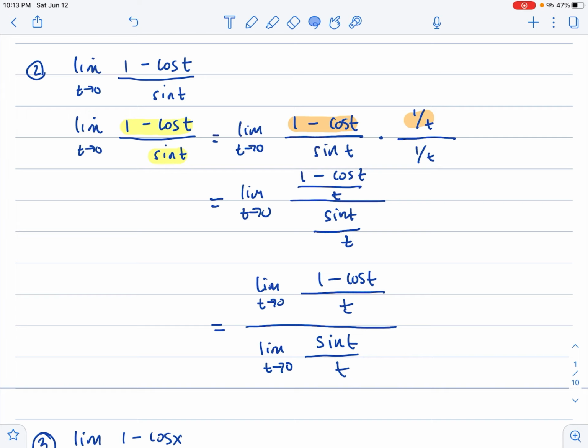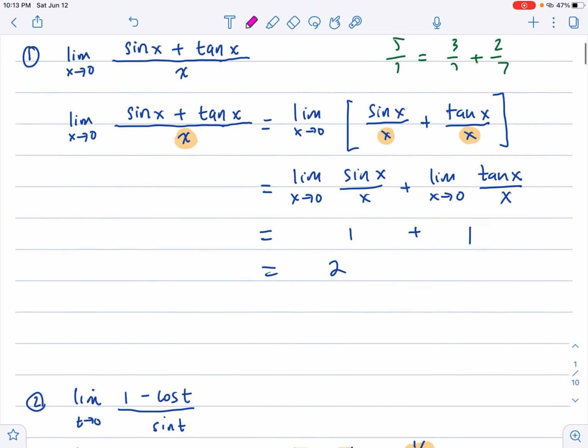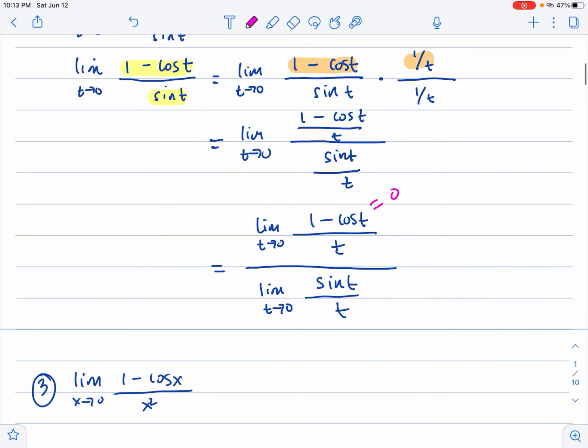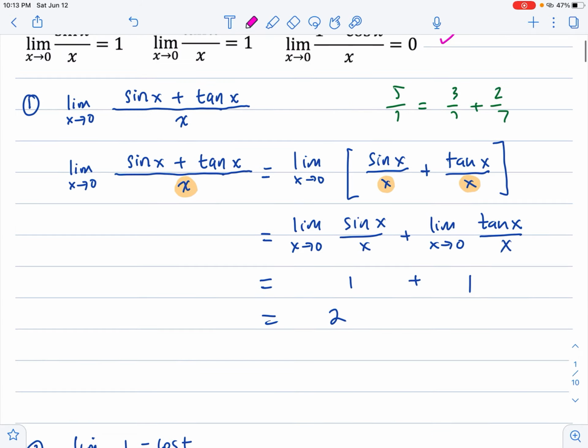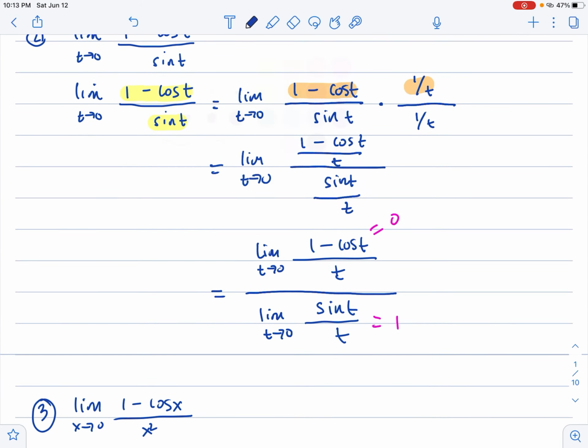Ayusin natin na konti. Okay? And what's the limit of 1 minus cosine t divided by t as t approaches 0? So this is actually equal to 0, no? Ito yan, di ba? Tapos yung denominator naman natin ay equal to 1. Ito yan. Which means that this is equal to 0 over 1, which is equal to 0.